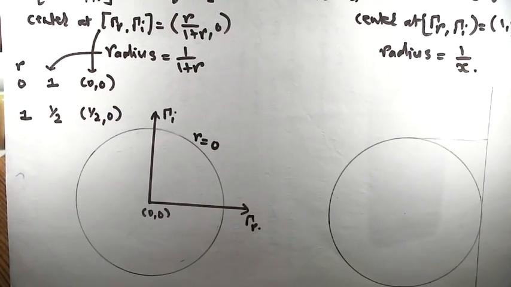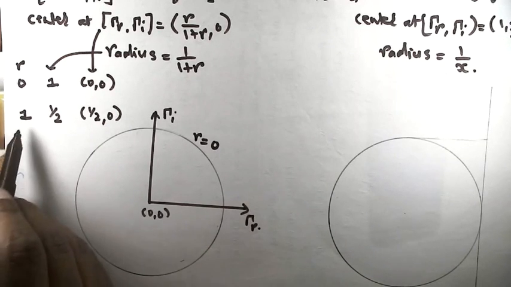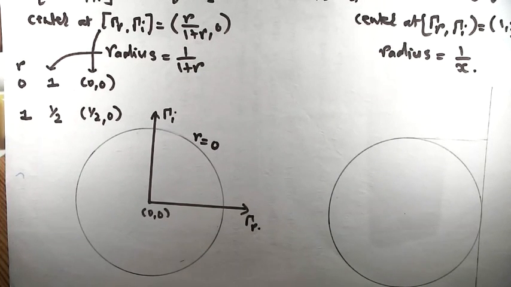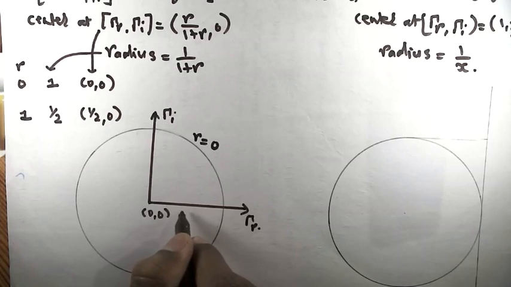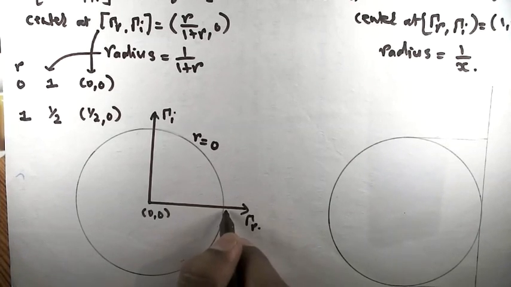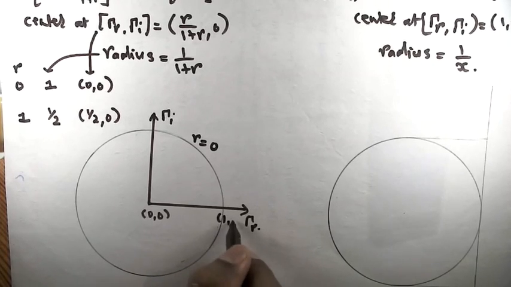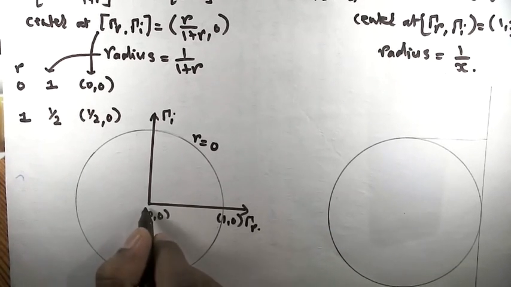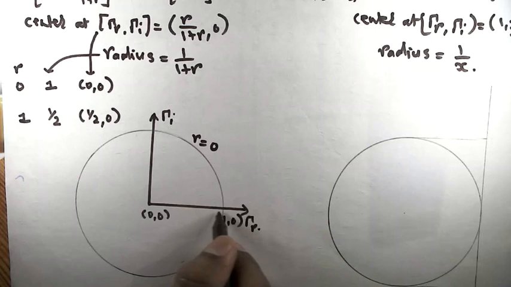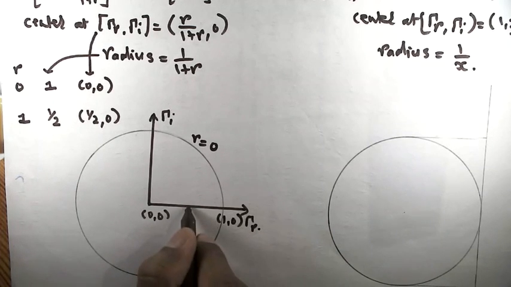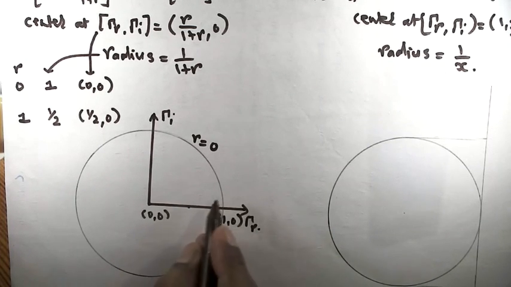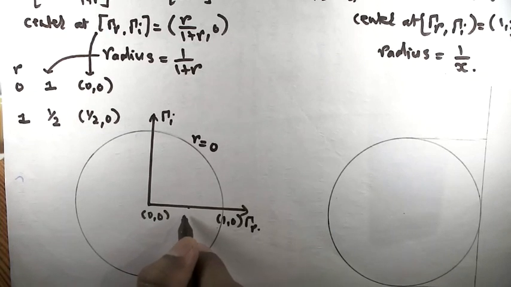Now if you try to plot the circle for this case, the circle passes through the point 1 comma 0, and since the maximum radius is 1, somewhere here we will get the 1 by 2, 0 point.